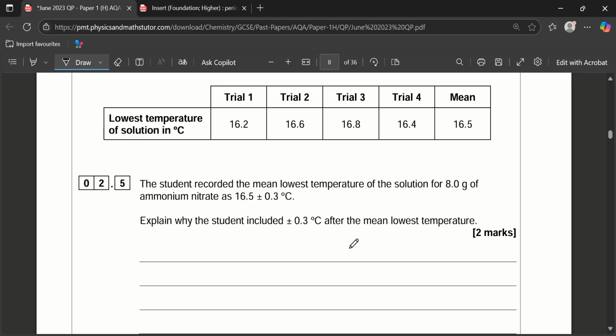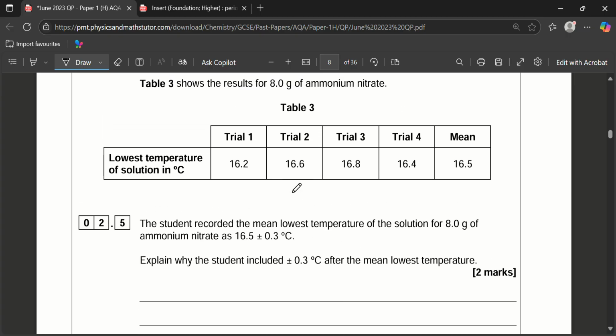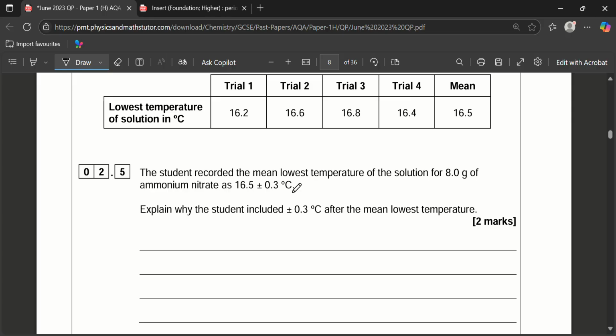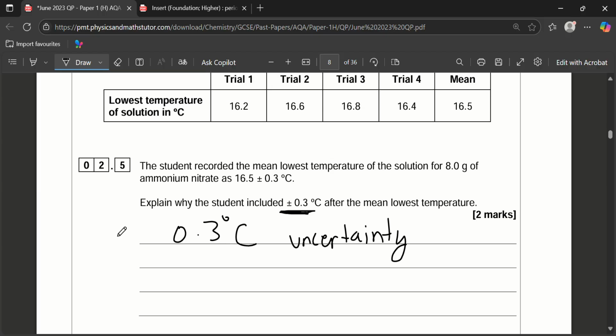Explain why the student included plus minus 0.3 degrees C after the mean lowest temperature. Whenever you see this sort of tolerance symbol, plus minus, you know that's an uncertainty. So there is a 0.3 degrees C uncertainty involved, which to get your second mark, you need to explain what we mean by uncertainty.